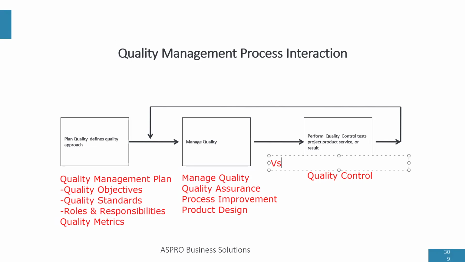So these are the three processes in quality. The first process falls under the planning process group. That means creating a quality management plan and determining the objectives and standards are part of planning. We determine the standards in advance; the quality objectives and so on are done in planning. Manage quality is done while we're executing a project, and that's when quality assurance is done.